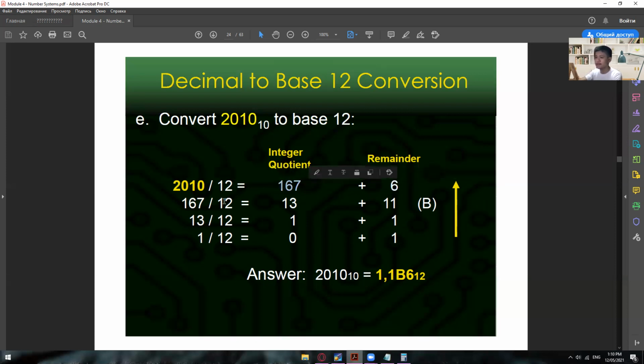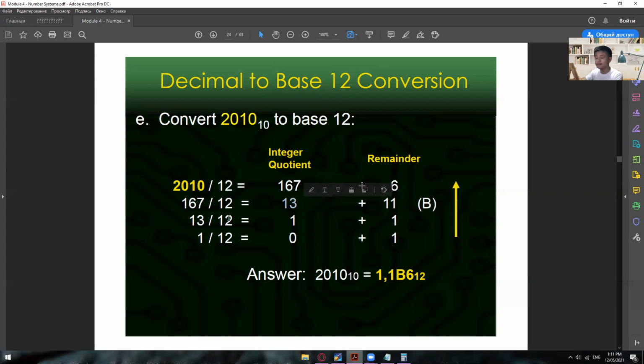And then 167 divided by 12 again is 13 point something. 167 divided by 12 is 13.916667. So just get the fraction part. 0.916667 times 12, we'll get here 11. Okay, or 11 point something.